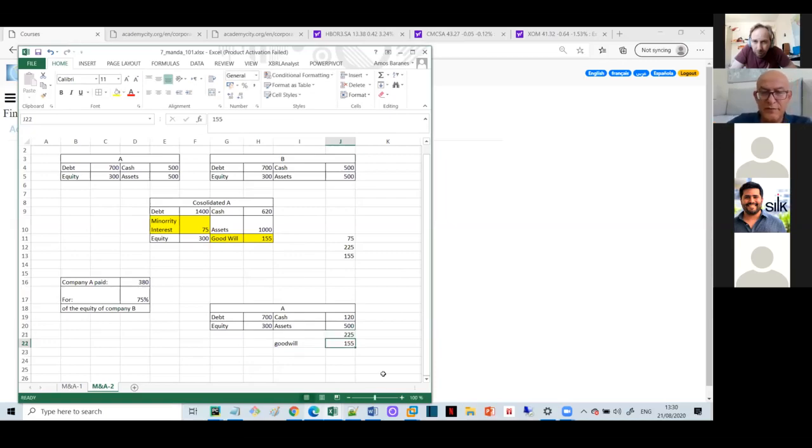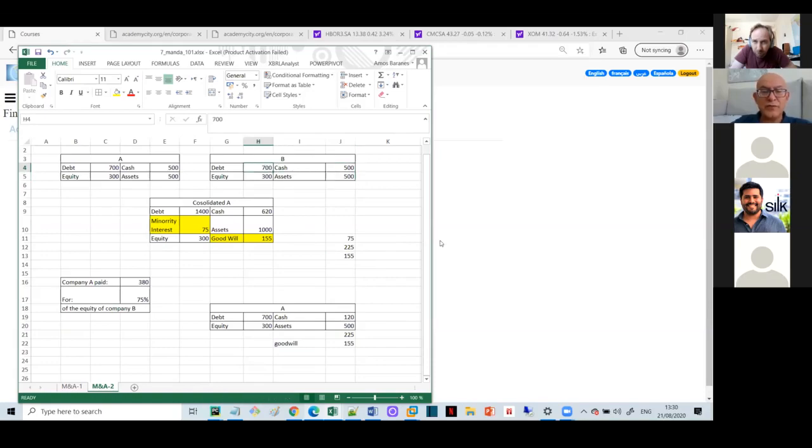We did it before. 225 plus the 155 is exactly what we paid. 225 is exactly our share in the equity of company B. So the 380 really has two components. Whatever we paid as a goodwill and whatever belongs to us as a book value. That's stage number one, very similar to the case number two in a sense. But 225 does not represent the total assets minus total liabilities.